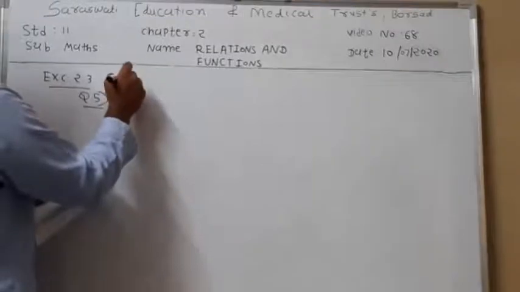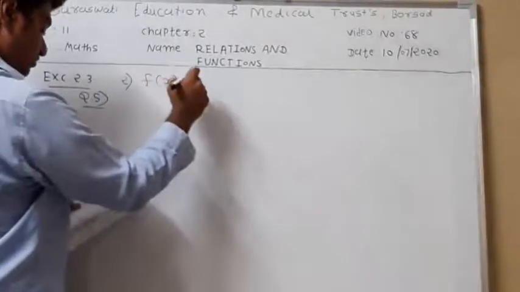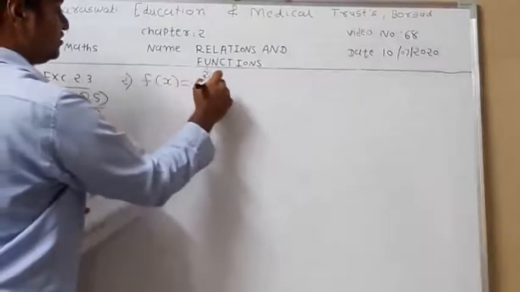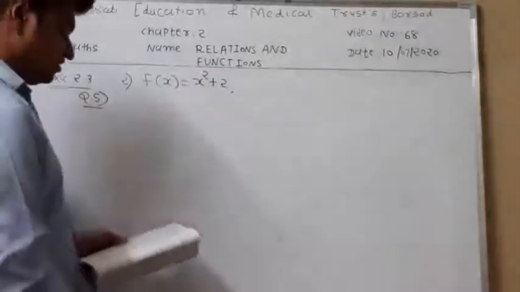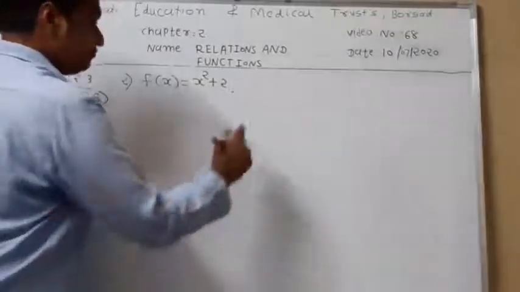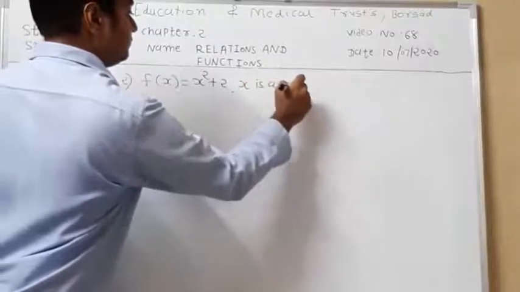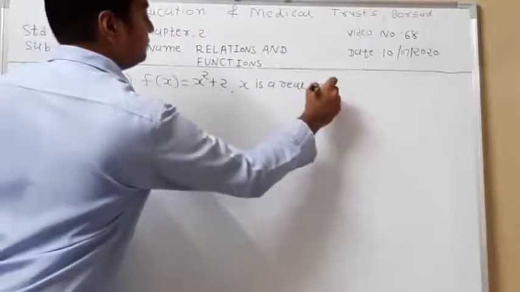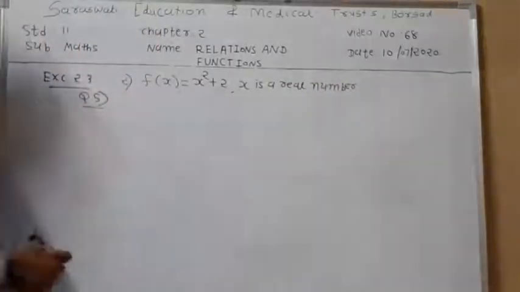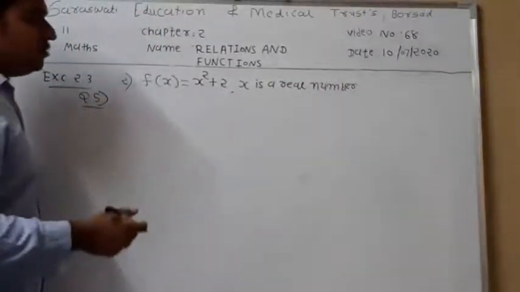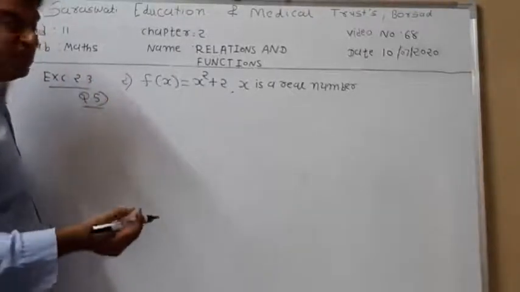Second one. f of x is equal to x square plus 2, and here also the condition is present, x is a real number. So again we can consider negative values, positive values, as well as 0 also.